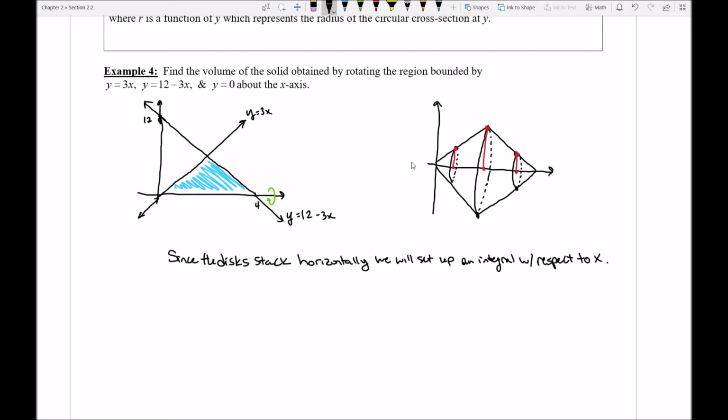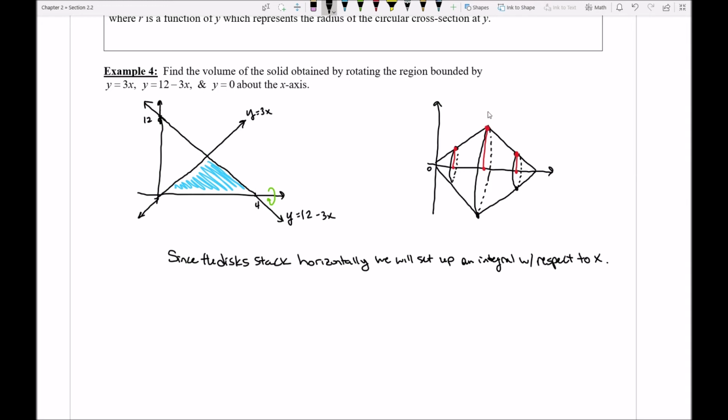So if I take a look at my first radius over here, the top side is determined by this 3x function. The bottom side is determined by y-coordinate 0. Notice I get the same exact thing over here for this middle radius, but can I use the formula 3x minus 0 to tell the length of this radius over here? I can see that I definitely can't, because over here I have a new function that's determining the radius for this circle and other circles that are near it.